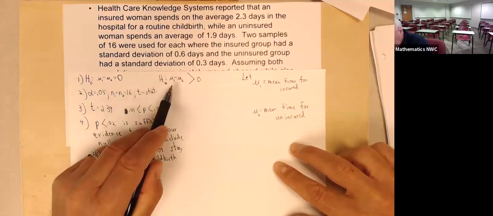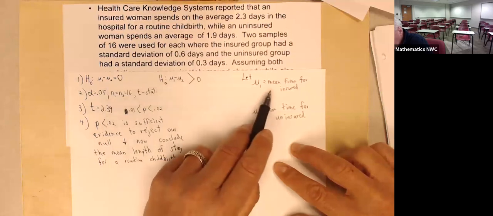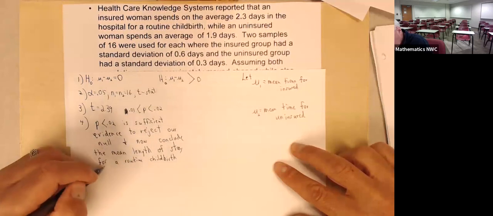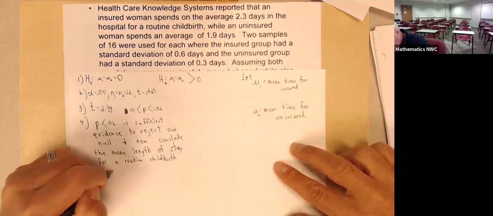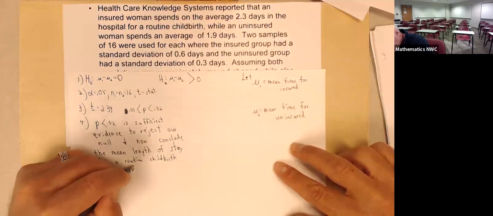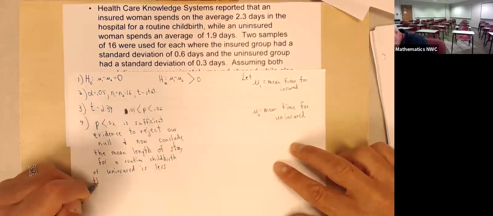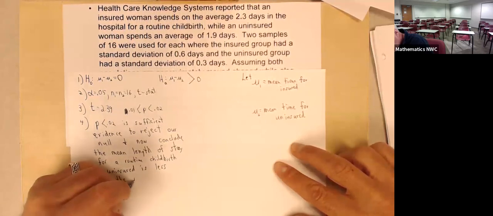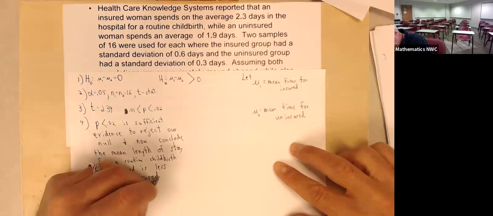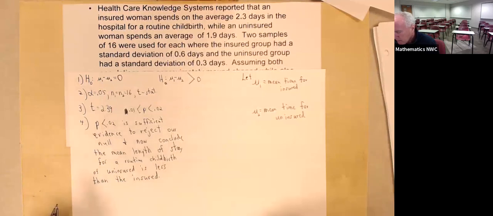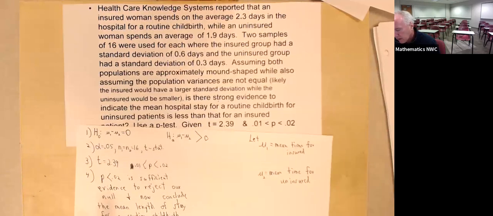So I'm concluding in this case that the mean for the insured people is greater. Mean length of the stay for routine childbirth of uninsured is less than the insured. I could have put the routine childbirth of insured is greater than the uninsured. Write it either way, as long as it's clearly written. Okay? That is my concluding statement.